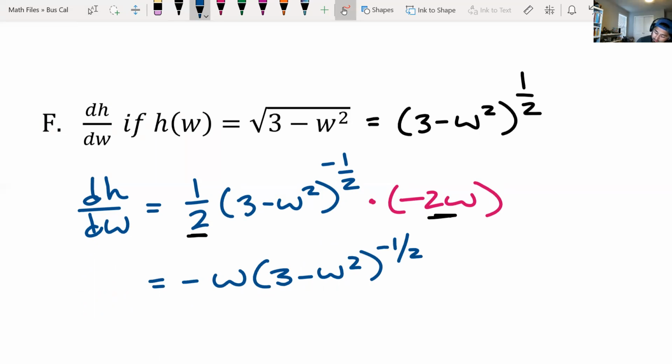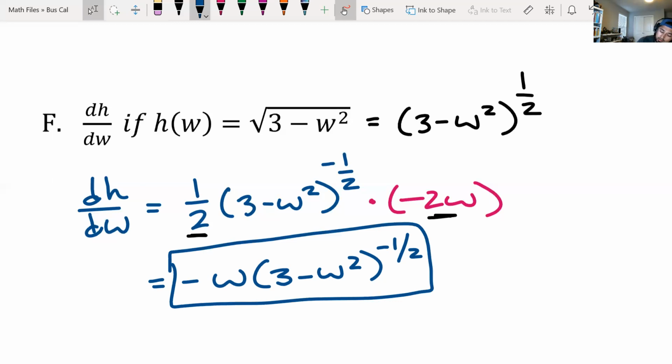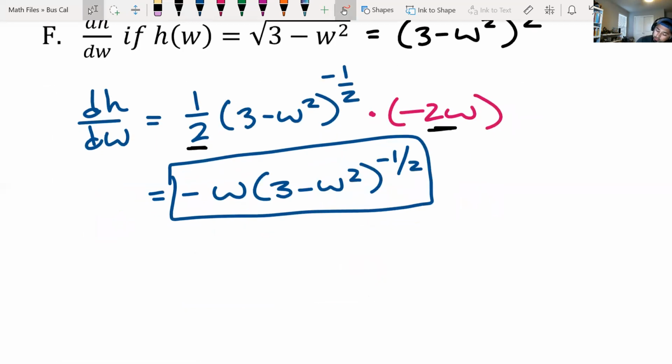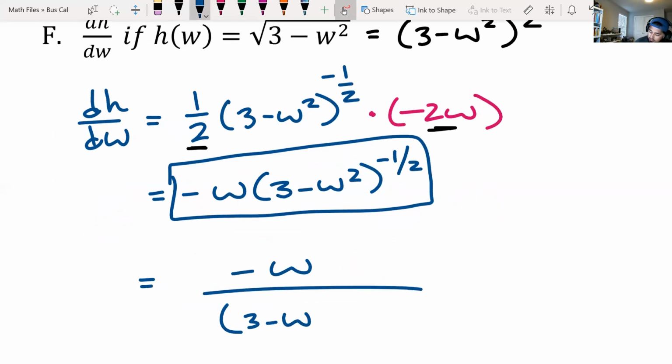Okay, again, suitable answer, but we can always rewrite it as negative w over 3 minus w squared to the 1/2.